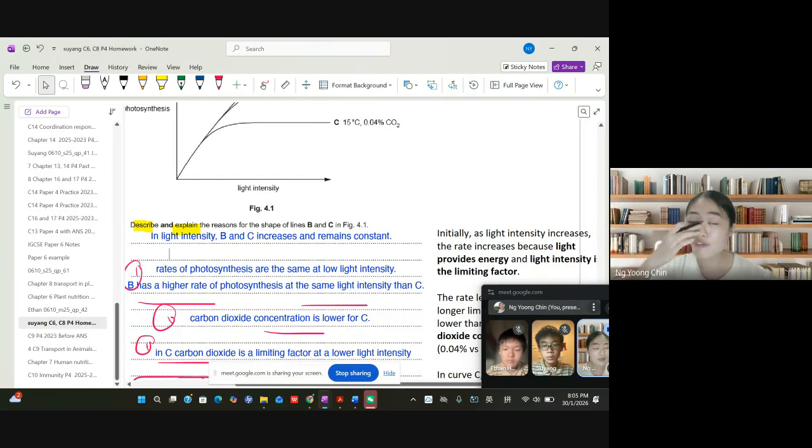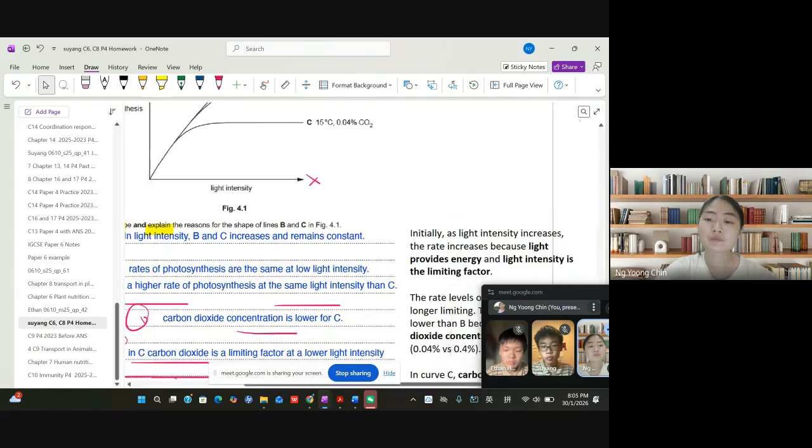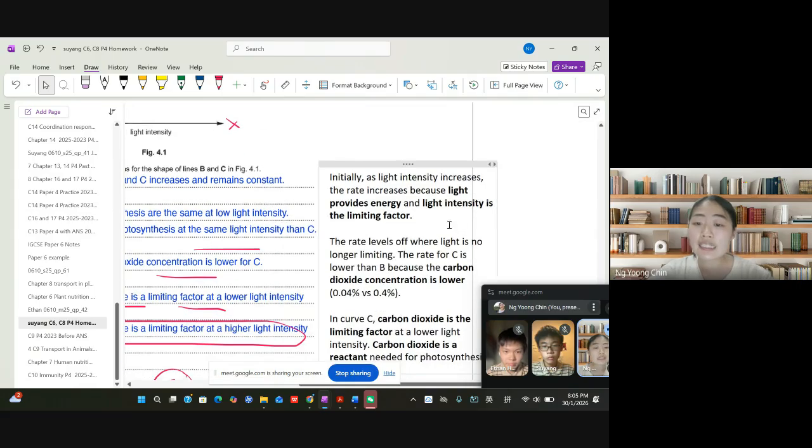I'm referring to the relationship between the x-axis and the y-axis. When x increases, y also increases. This is one of the ways to describe the trend of the graph, if you can see the relationship between x and y. So as the light intensity increases, the rate of photosynthesis also increases.